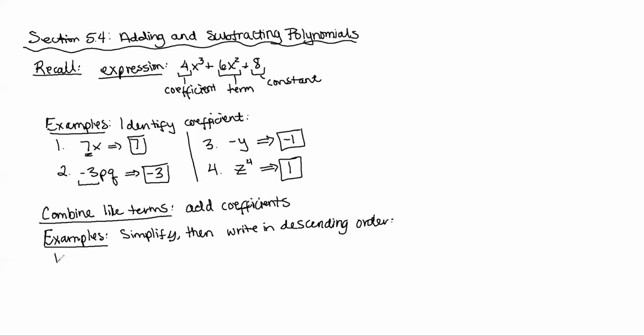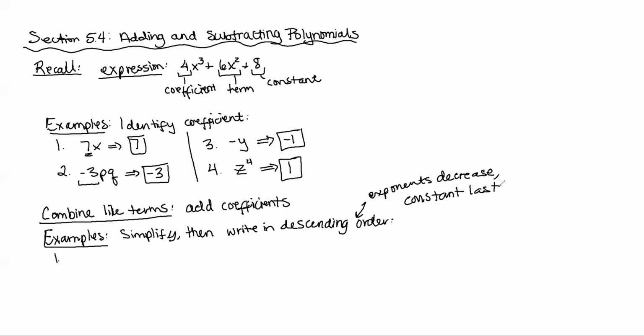Descending order means that our exponents are going to go from highest to lowest, or the exponents decrease, and then the constant goes last because it doesn't have a variable attached to it. So let's go ahead and just look at a couple of these.